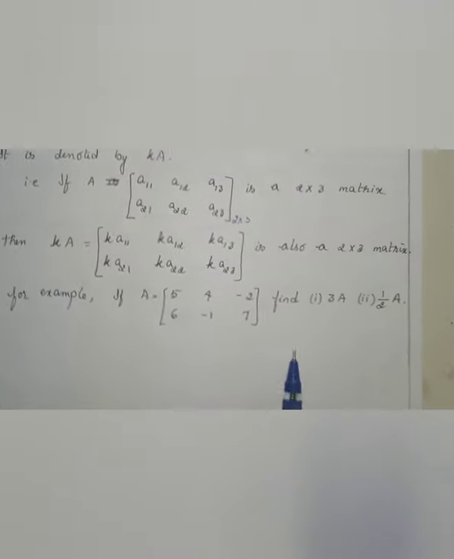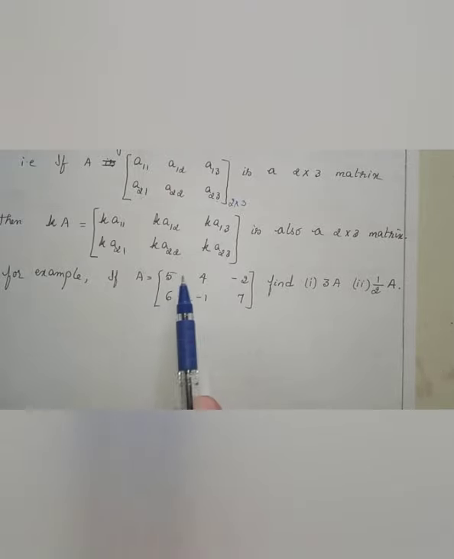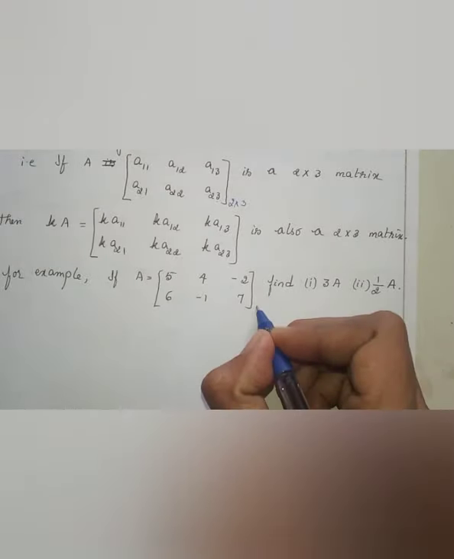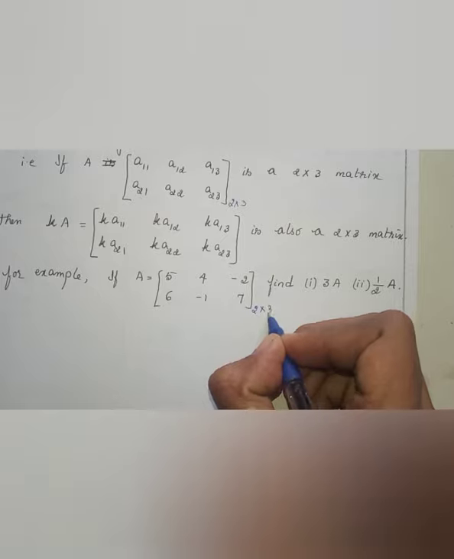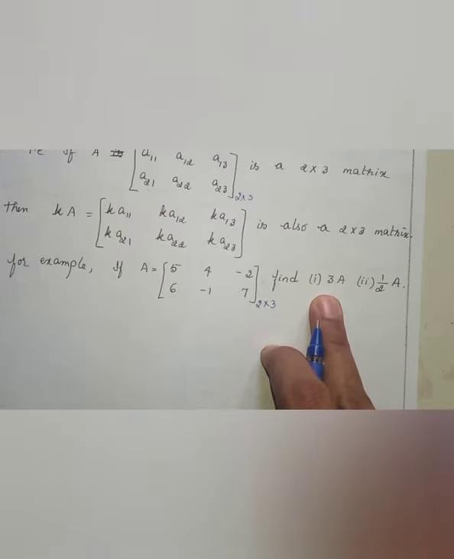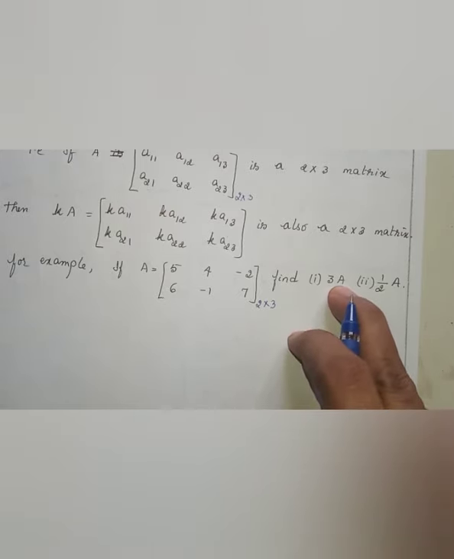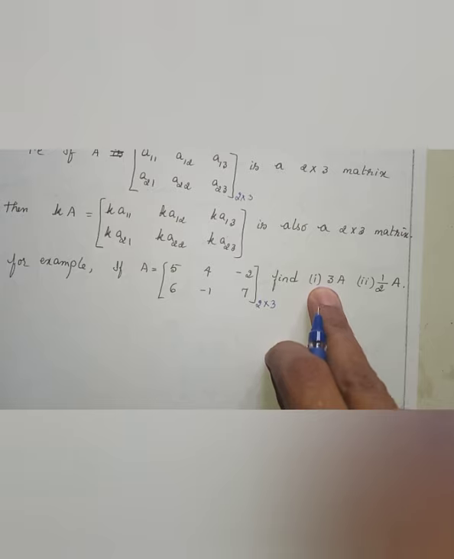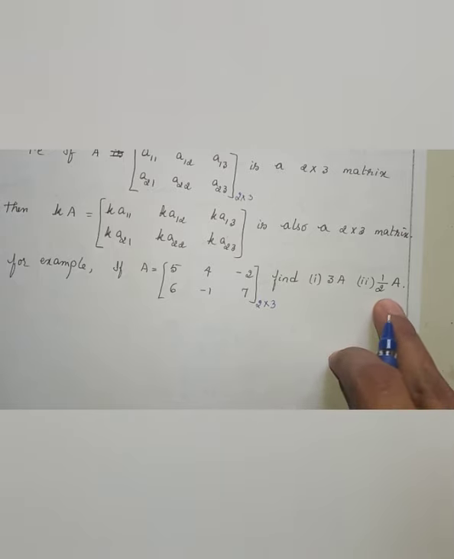For example, here A is again a 2 by 3 matrix, 2 rows and 3 columns. The first question is to find 3 into A, that is, multiply the matrix A by the constant 3. One more example is to multiply the matrix A by the constant 1 by 2.